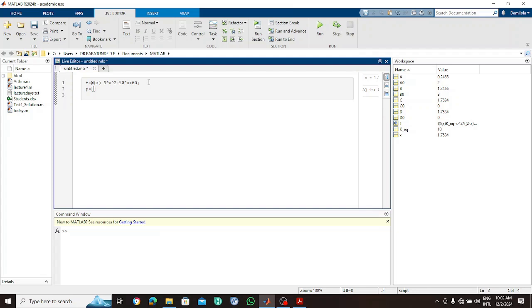So what are the coefficients for this question? What are the coefficients? We have 9, we have what? Minus 50 and 60. Alero, right? Okay. So what's the next thing? We say roots.